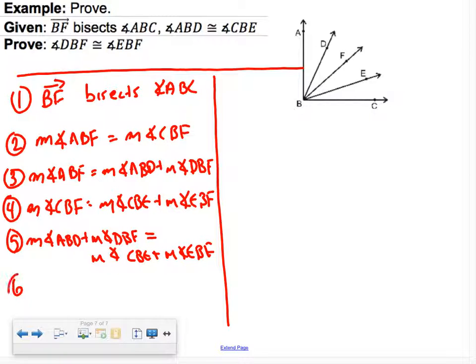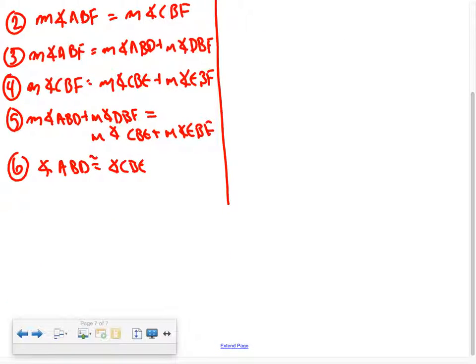Line 6 is our next given piece of information. Angle ABD is congruent to angle CBE. Seven then allows us to say the measure of angle ABD is equal to the measure of angle CBE. That's congruent objects have congruent measures again.